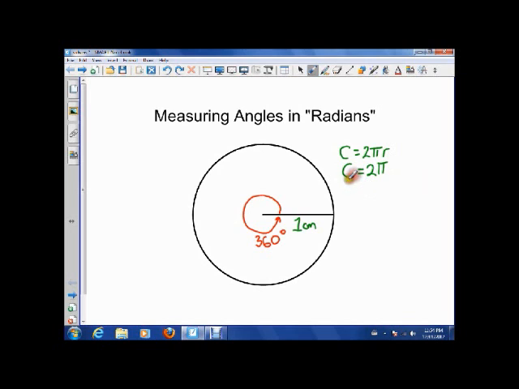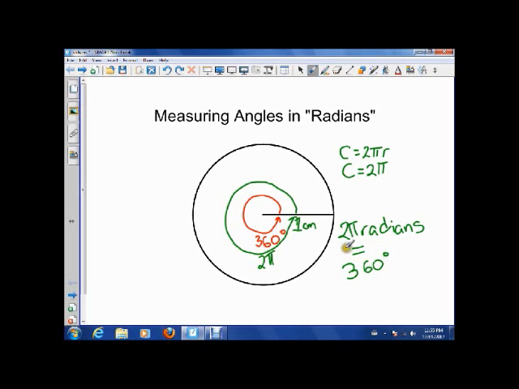So in essence, if I draw a little circle inside it, it doesn't matter how big the outer circle is, as long as I make the radius 1 centimeter, the distance around it is 2 pi. What that means is that there's 2 pi of what we call radians to go around the circle. So 2 pi radians is the same as 360 degrees.